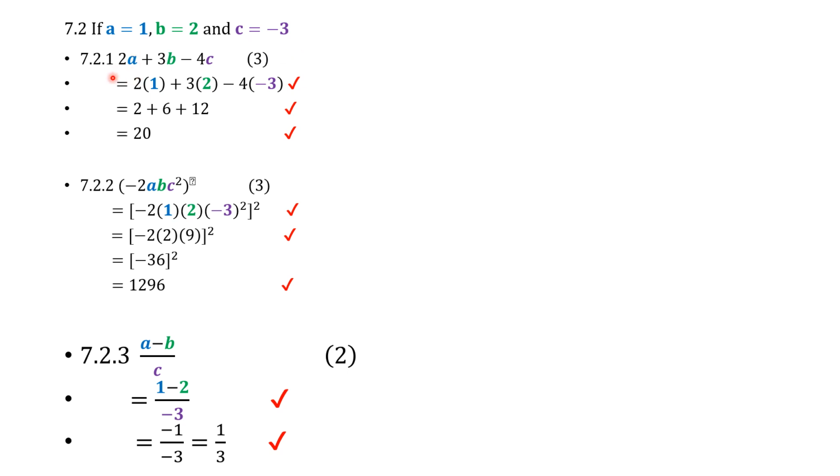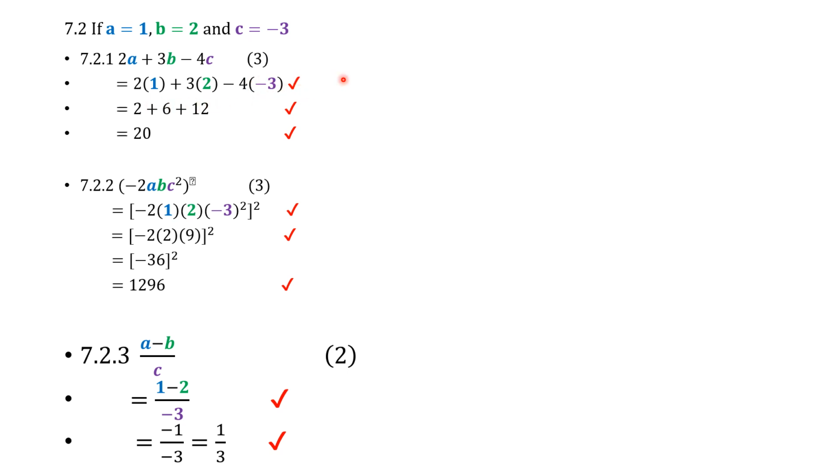The expression says 2a, so in the place of this a, I must have 1. There it says 3b, so in the place of this b, I must put 2. And c is -3, so there, -4c, in the place of c, -3. So you see a became 1, b became 2, and c became -3. I hope in color you can see what I've done.